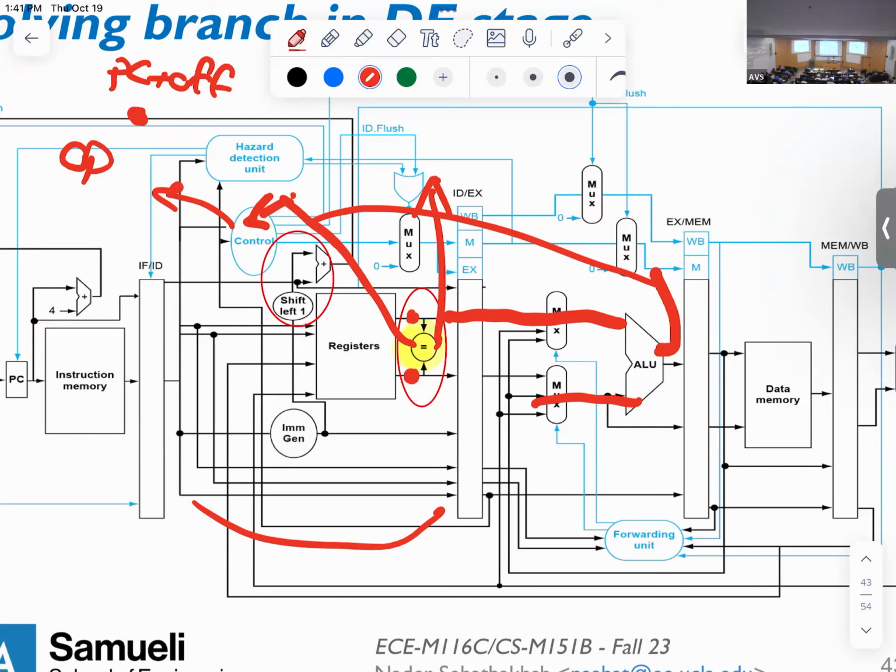Will we be making trade-offs in terms of the cost? The question is, if I'm adding all these things, it seems that I'm making my decode stage a little bit longer. It does, but generally, as long as this is not longer than these two, it's fine.